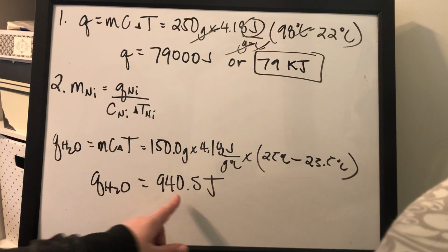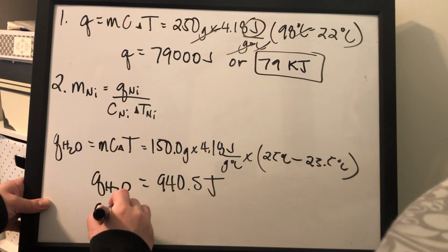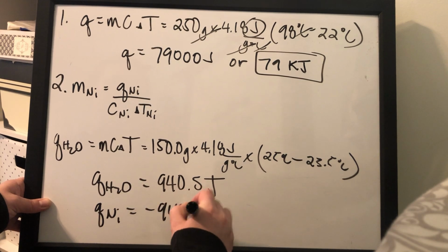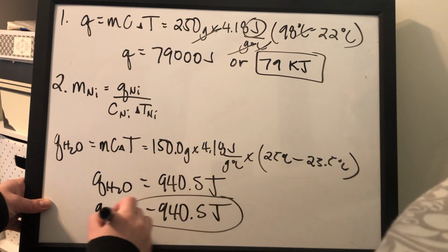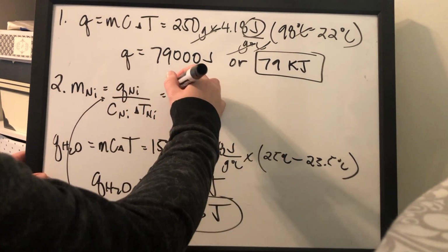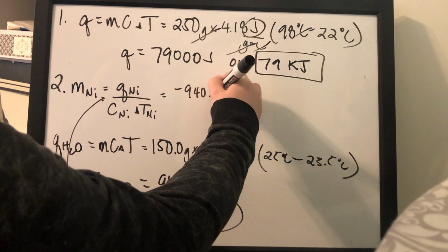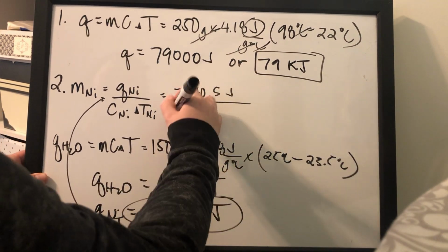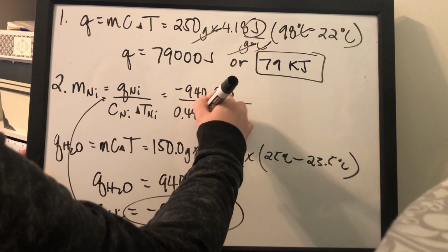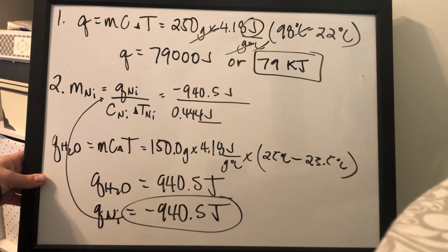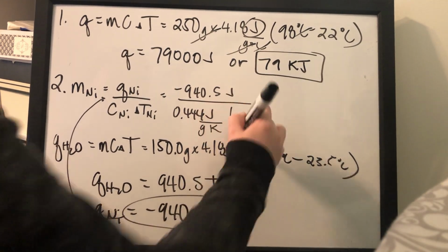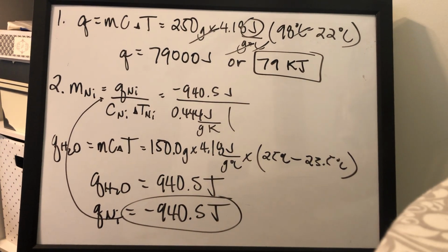So the H2O gained that much energy, which means the nickel lost that much energy. And so here we go up into your formula. Negative 940.5 joules were lost by the nickel. They told me the specific heat of the nickel was this in my problem. And delta T for the nickel.